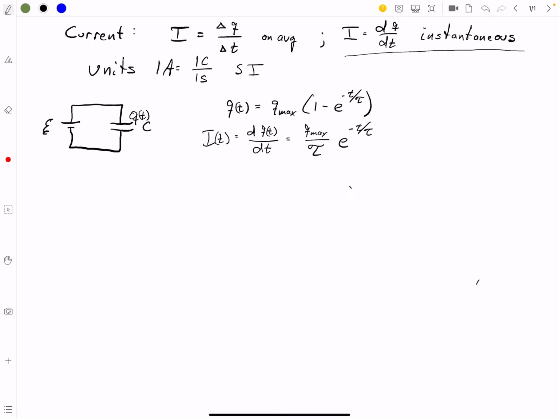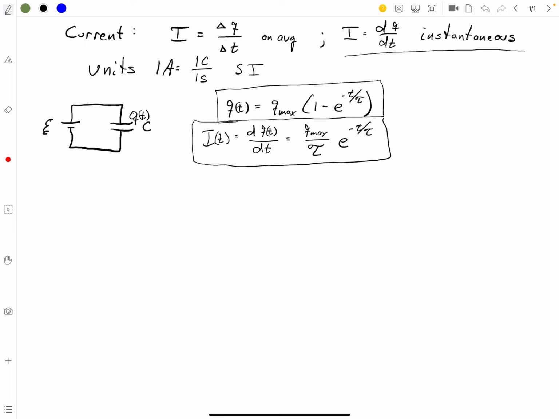And that's our derivative. So we've got this as our primary equation for charge. And this tells us how much current is flowing through the system to charge it up. If you notice, it's going to be a maximum at t equals 0, because at that point e to the minus 0 is 1.